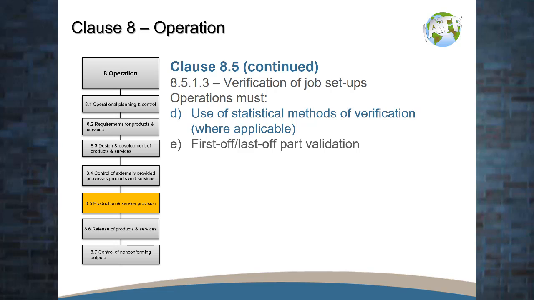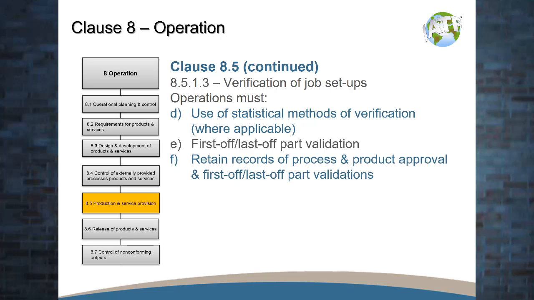I like this, which is, it was a note on TS 16949. Now it's a requirement, and that is a first off and last off part validation, so that if your last part compared to your first part shows that you've gone out of control or out of spec, you can at least more easily quarantine any known or suspect material during that run and take action as appropriate for containing and correcting that issue.